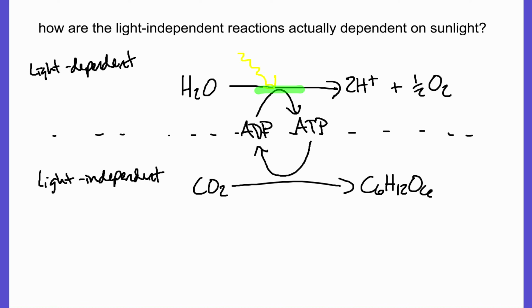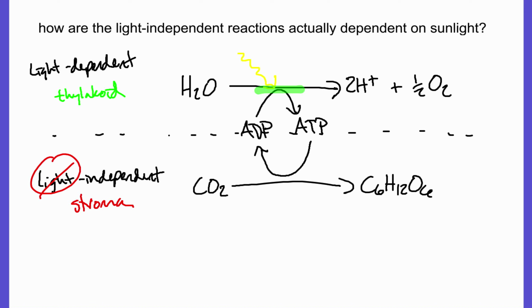The top reactions are happening in a thylakoid. Again, it's green, so it's happening on that thylakoid membrane. The bottom reactions do not require light, which is why they're called light independent anyway, and those are happening in the stroma. So they're separate reactions, no sunlight's necessary for this.